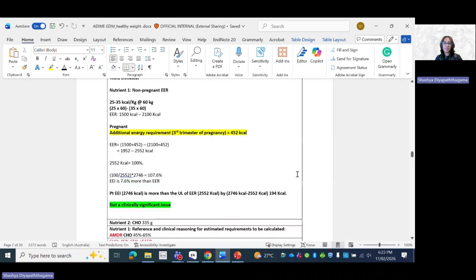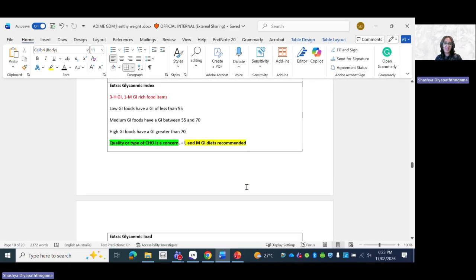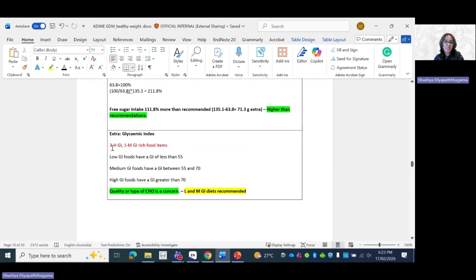And based on that, I've just summarized in here that she's having 3 high glycemic index foods and 1 medium GI food. So these are the GI cutoff values. So she's having 3 high GI foods, and that is a concern. So usually it is recommended to have low or medium GI diets. This medium we can consider fine, but she's having 3 high GI foods, so that would be a concern.